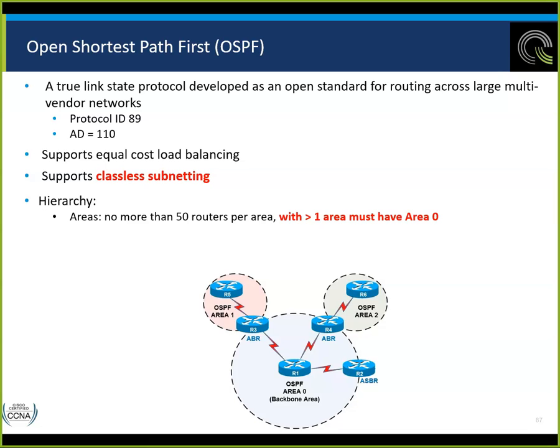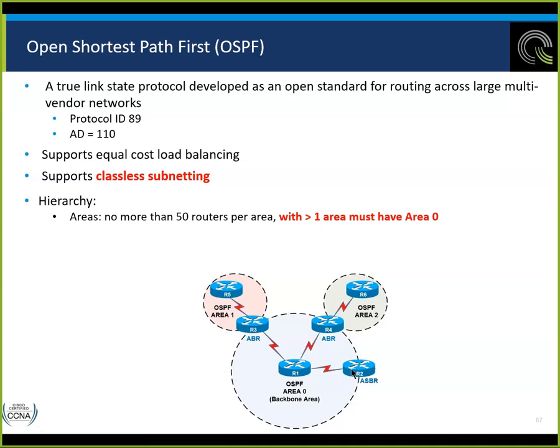If we have more than one area, and I had always been taught that the first area is area 0, which is going to be the backbone area. All the other ones have to touch area 0. You know, some kind of basic rules. They're all going to communicate with area 0, with the area border routers that go there.